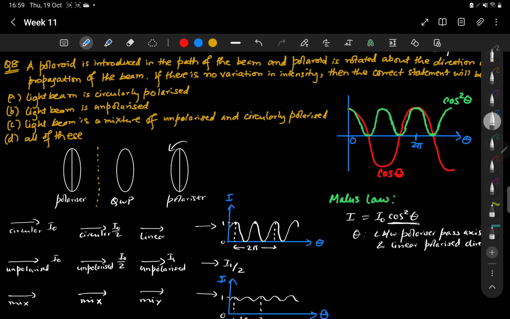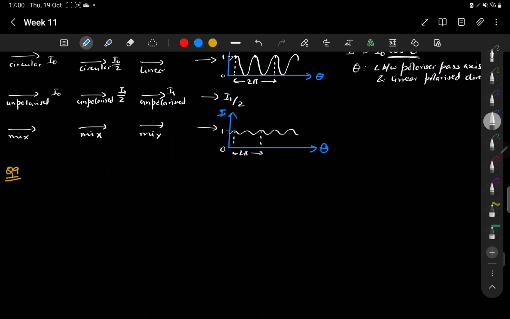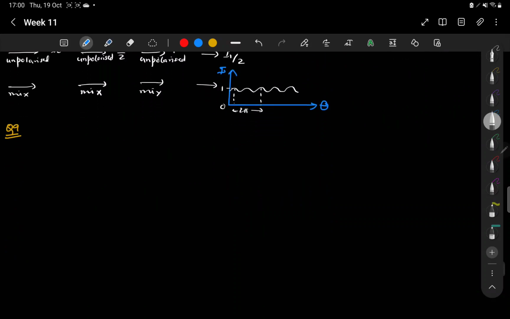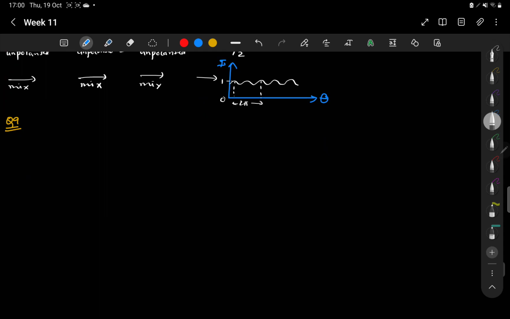And you see, for cos theta, in 0 to 2 pi you have one peak, whereas for cos squared theta, between 0 to 2 pi you have two peaks. So that's why. I hope that clarifies the question. Okay, so now we can move ahead.